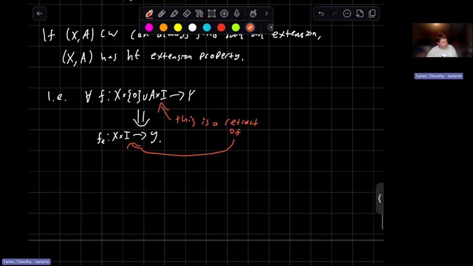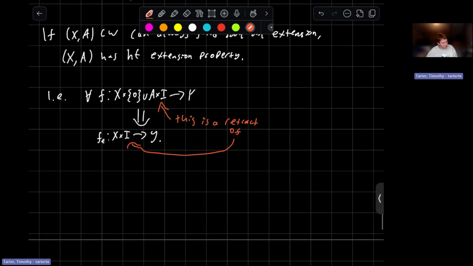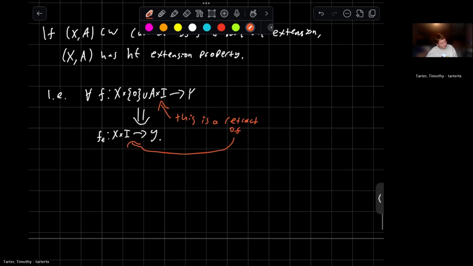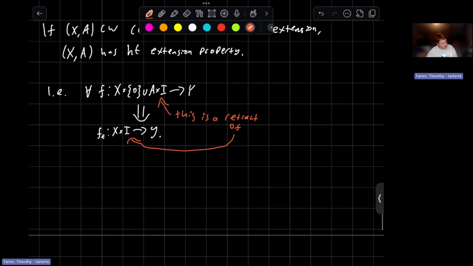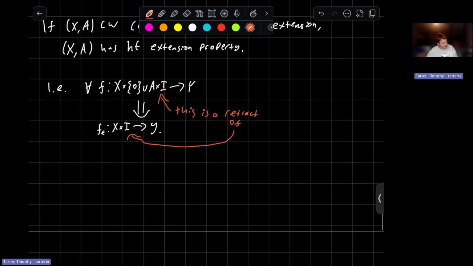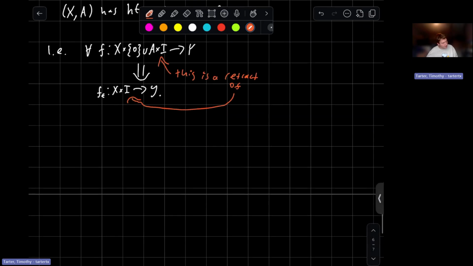If there is a retraction going backwards, then by composing with the retraction, we can extend every map, so the pair has the homotopy extension property. This implies, for example, that if a CW pair has the homotopy extension property, then so does its product space.